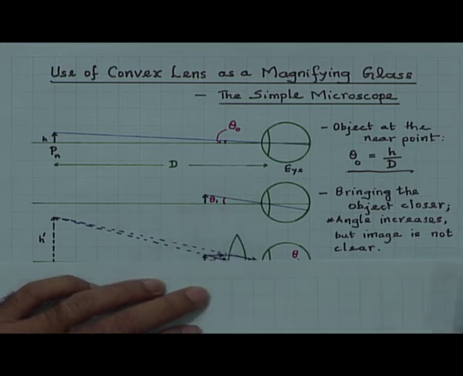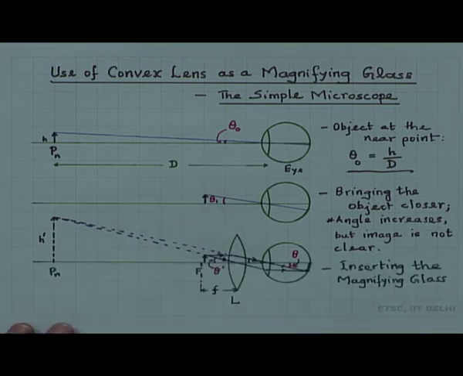Now, at this stage in figure 3, what we have done is we have introduced a convex lens in between. The object position is the same, but we have inserted a convex lens as a magnifying glass. So, what is shown here is the formation of the image.